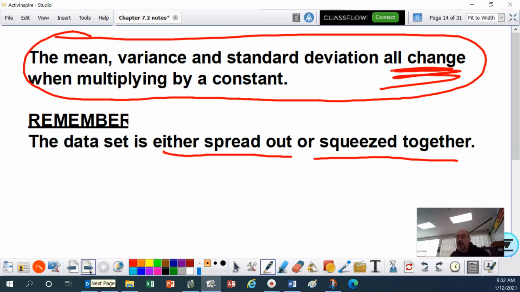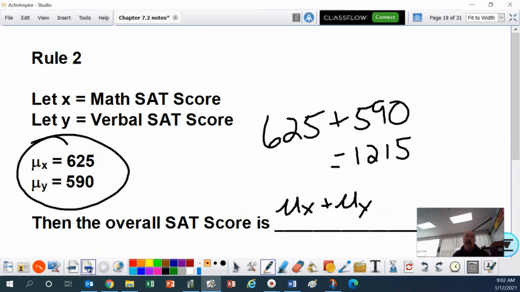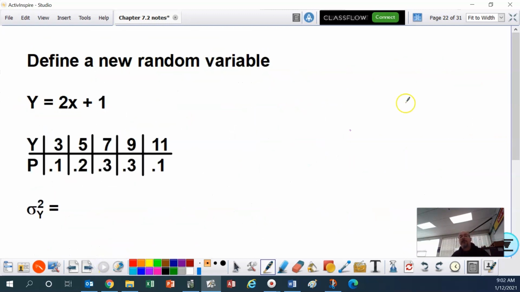Multiplying by a constant, the variance and standard deviation change. Remember that. Okay, so now let's go back to here.